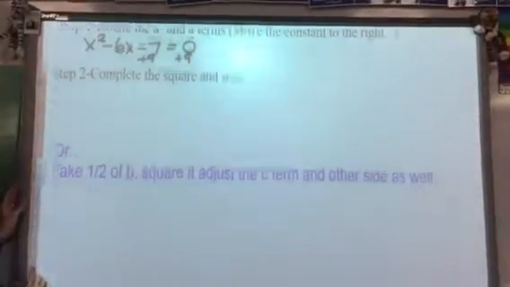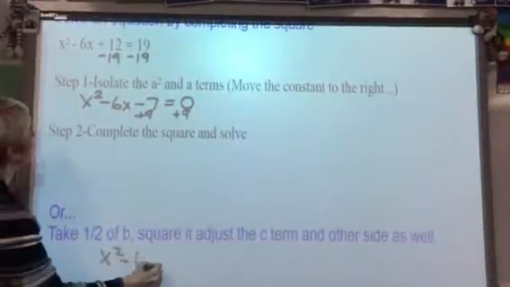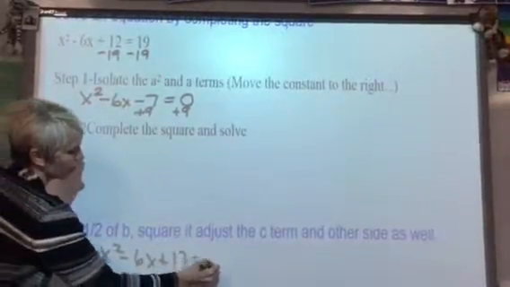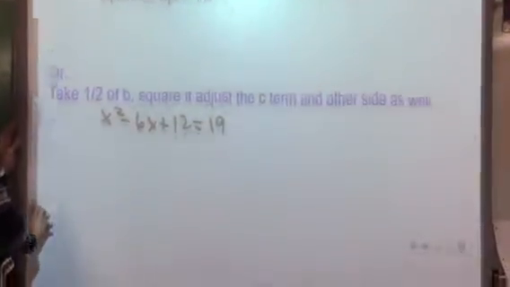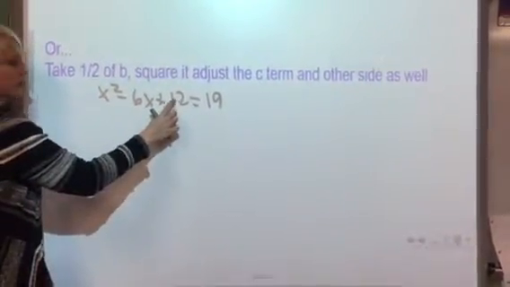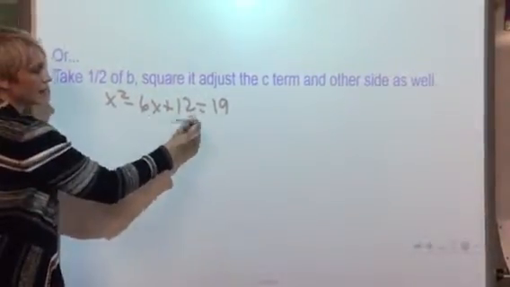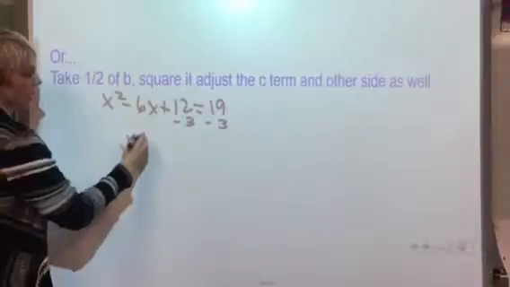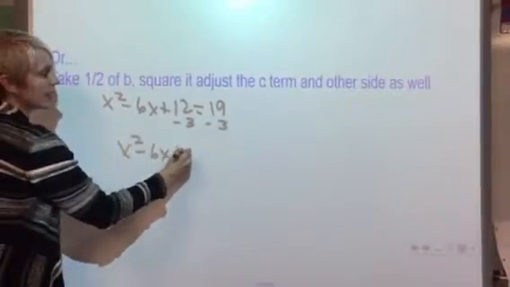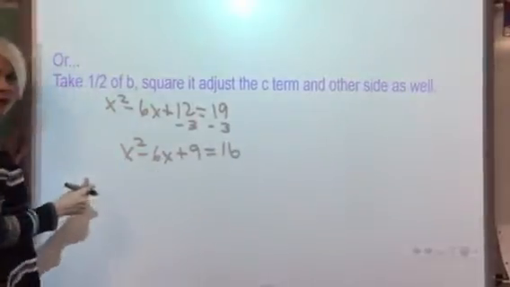Or you could just go to your original equation, x squared minus 6x plus 12 equals 19. And what you could do is you could say, okay, I have to make this 9. So what could I do to make this 9? You could subtract 3. So then we have x squared minus 6x plus 9 equals, that'd be 16.